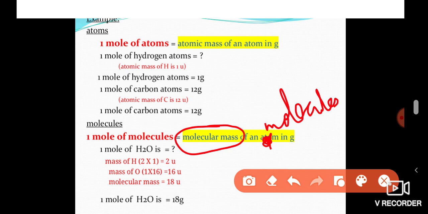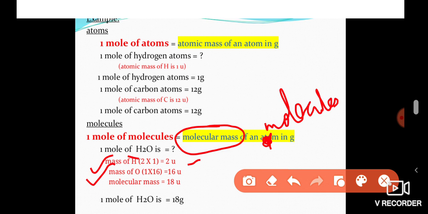What atoms are present here? Hydrogen and oxygen. First we calculate the mass of 2 hydrogen atoms: 2 into 1, where 1 is the mass of hydrogen, so 2 U. Like that, the mass of oxygen: only 1 oxygen is there, and its mass is 16.